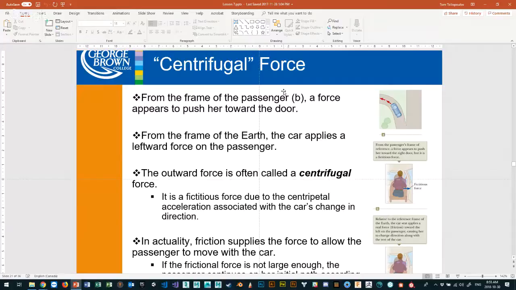But the thing with the centrifuge, the way it works is you have this fictitious force. This is the idea, where with the fictitious force, you feel like you're being drawn into the center of the circle, right? Well, think about how you're feeling as a passenger of a car, right? The car has the wheels on the ground.